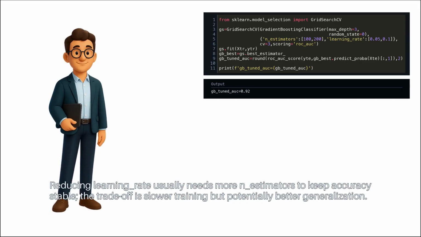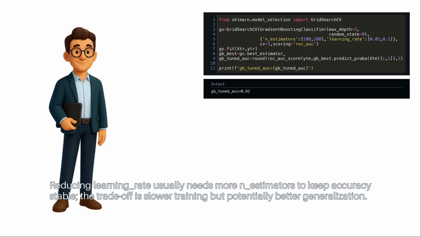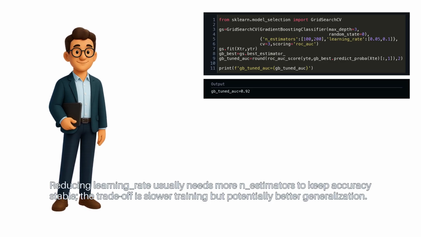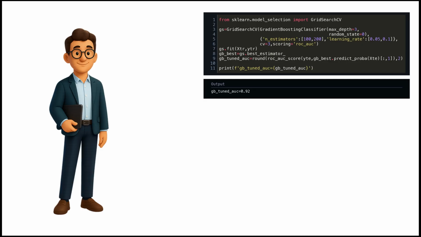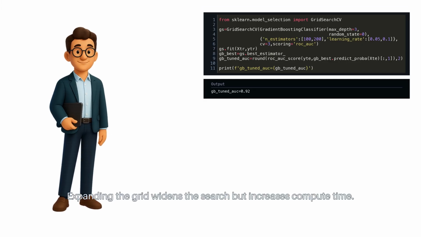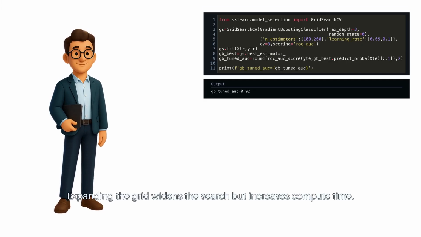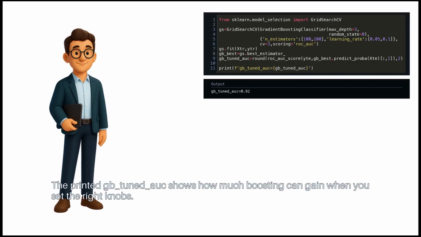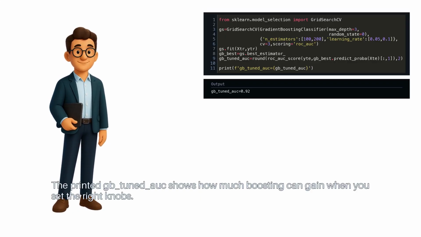Reducing learning rate usually needs more n_estimators to keep accuracy stable. The trade-off is slower training, but potentially better generalization. Expanding the grid widens the search, but increases compute time. The printed GB-tuned AUC shows how much boosting can gain when you set the right knobs.